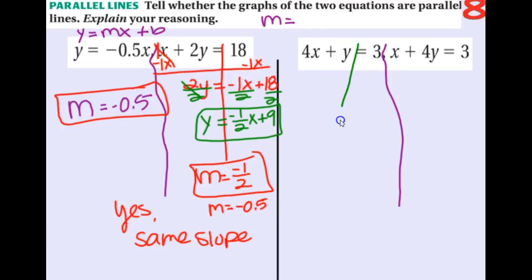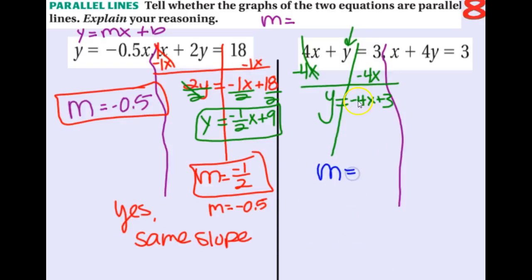Over here we have to solve both of them. I'm going to get y all by itself, so I'm going to move this 4x by subtracting 4x. Those eliminate. We have y equals -4x plus 3. So this one, our slope in front of our x is -4.